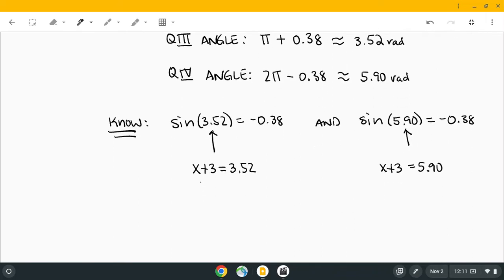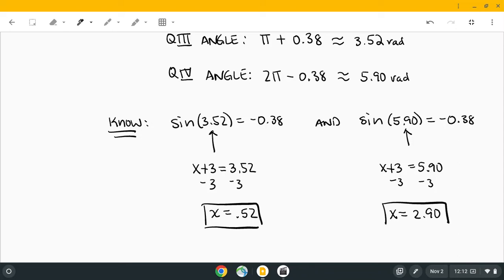So if I subtract 3 from both sides, I get x is equal to 0.52 radians. And then over here, if I subtract 3, then I get x is equal to 2.90 radians. Okay?